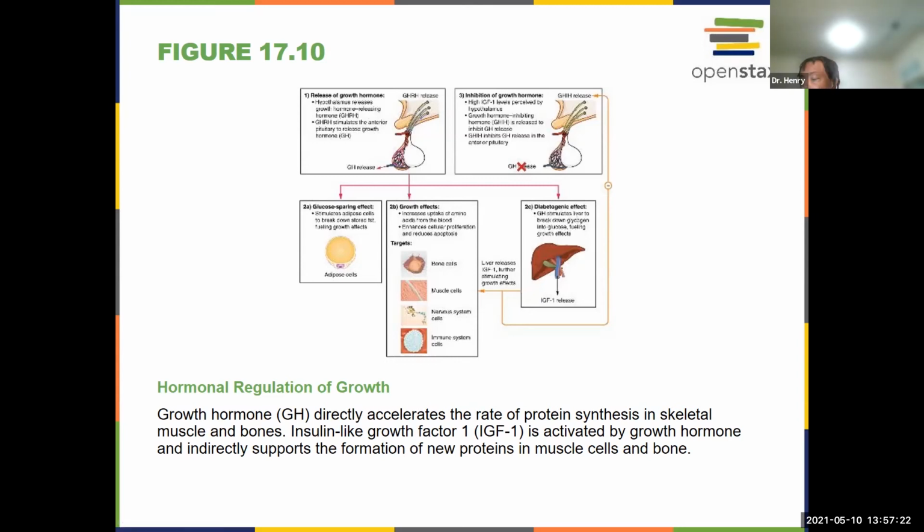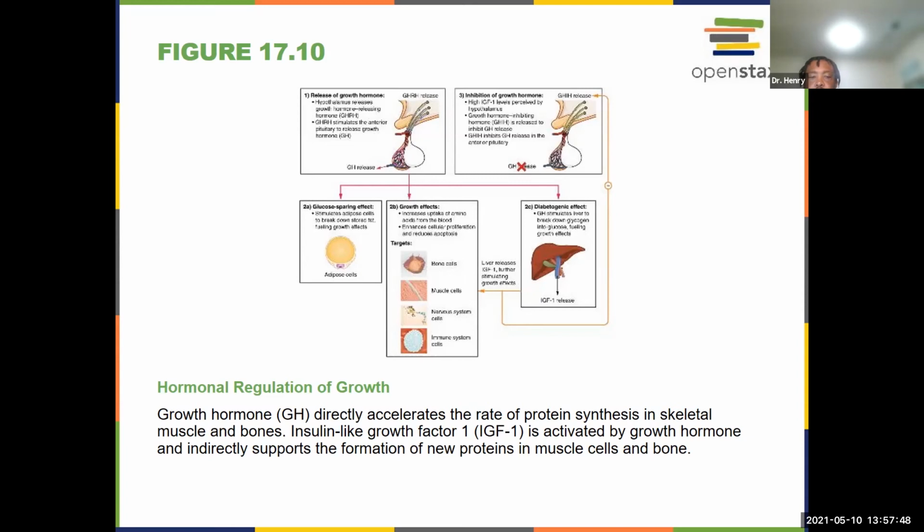The growth hormone is going to stimulate the liver to break down more glycogen, so that we'd have more glucose in the system, so that we can get constant growth. So we're breaking down the stored fat in the adipose tissues, and we're also breaking down the glycogen stored in the liver to cause growth in all of our other cells.